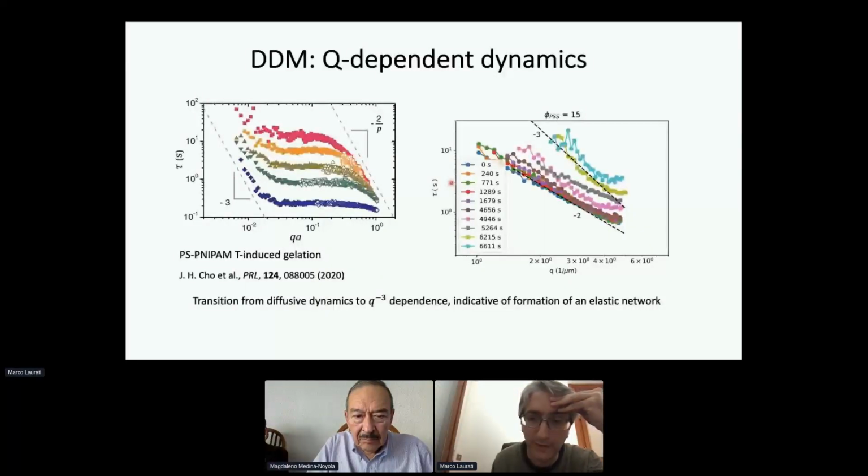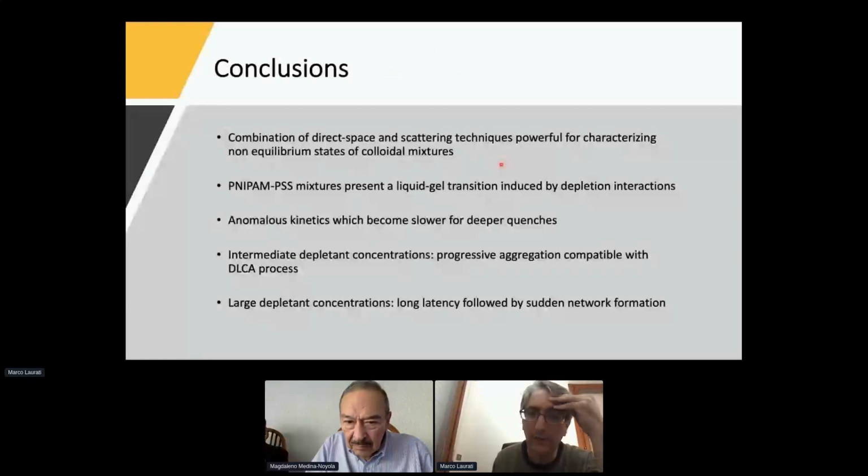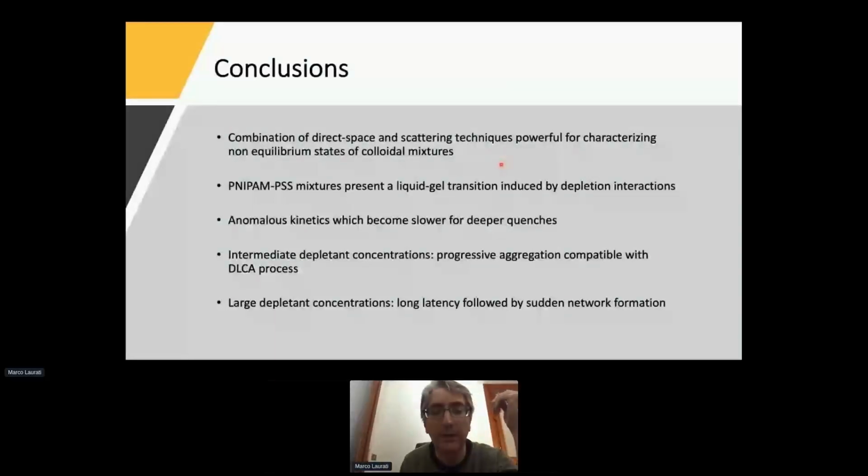And with this, I think I'm ready to conclude. I hope I was able to show you that if we're investigating these non-equilibrium glassy states or gel states, the combination of different techniques is essential to cover all the aspects of all the properties of these systems.